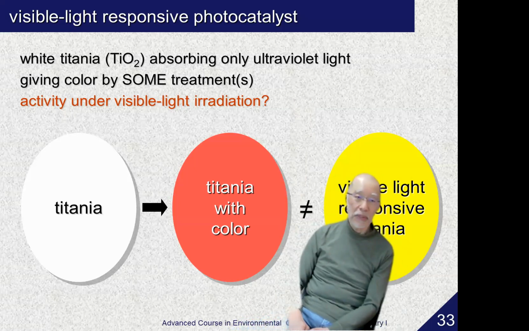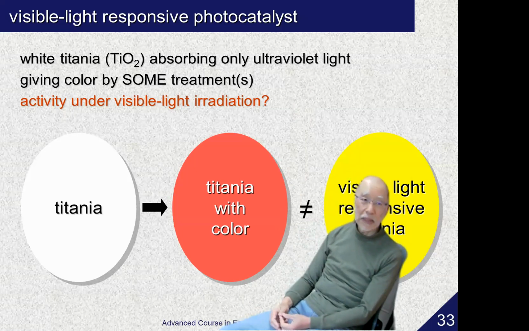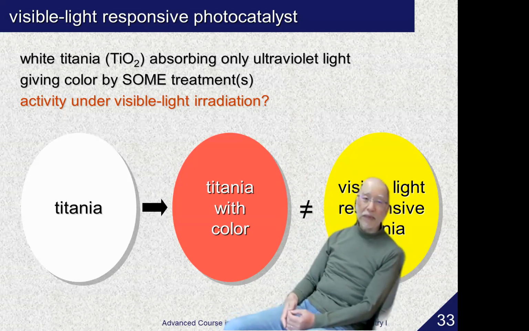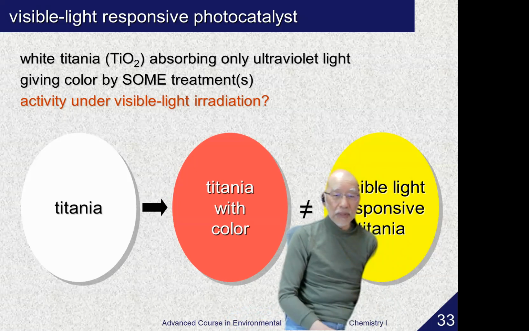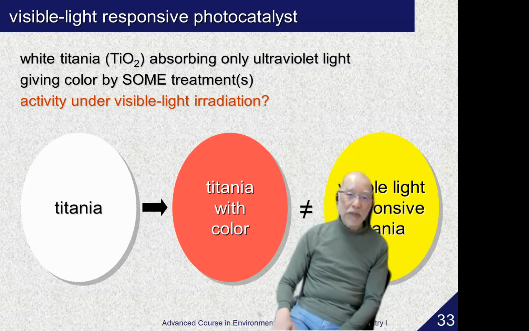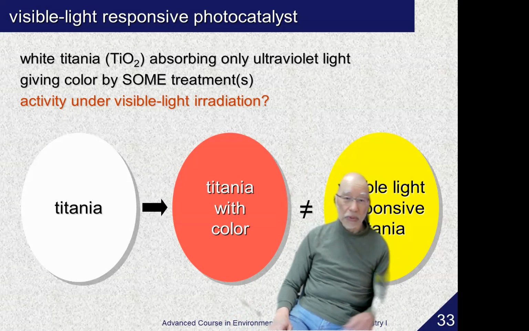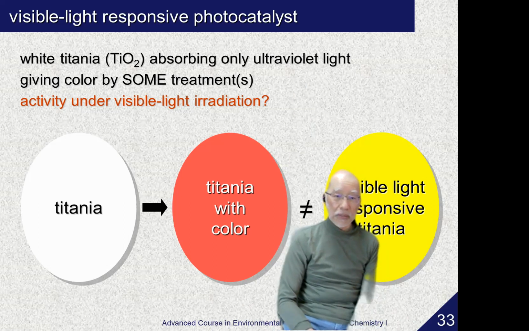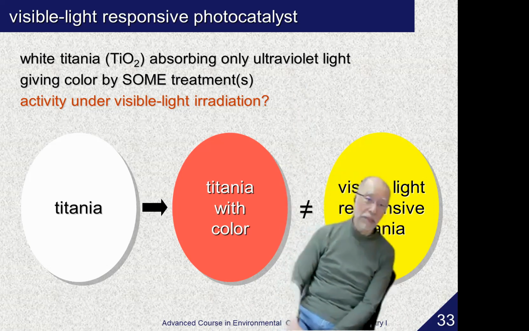Because titanium is white, it means no visible absorption, only absorbing ultraviolet light. That is not so good because there is so much visible light in solar radiation and in ordinary light sources. So utilizing that visible light is important.